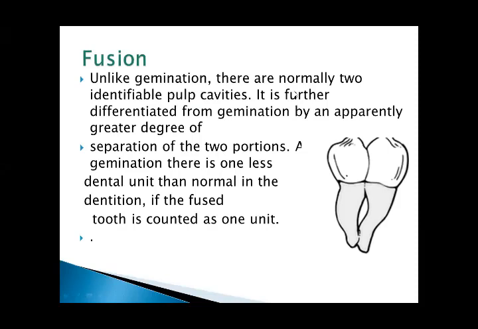Like germination, there are normally two identifiable pulp cavities. It is further differentiated from germination by an apparently greater degree of separation of the two portions. In fusion, there is one less dental unit than normal in the dentition if the fused tooth is counted as one unit.